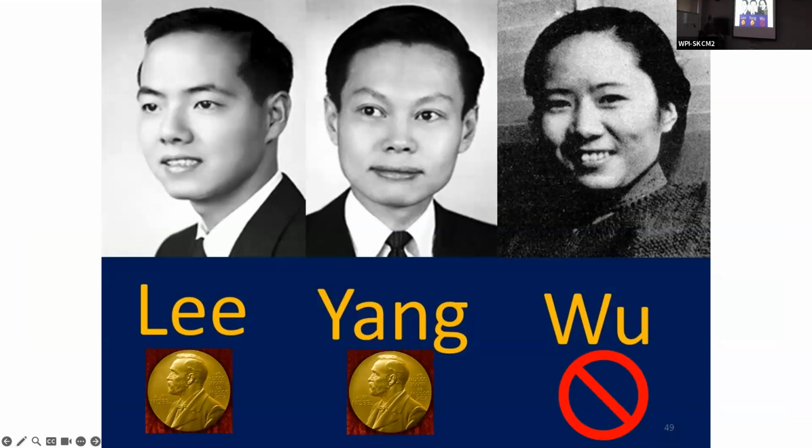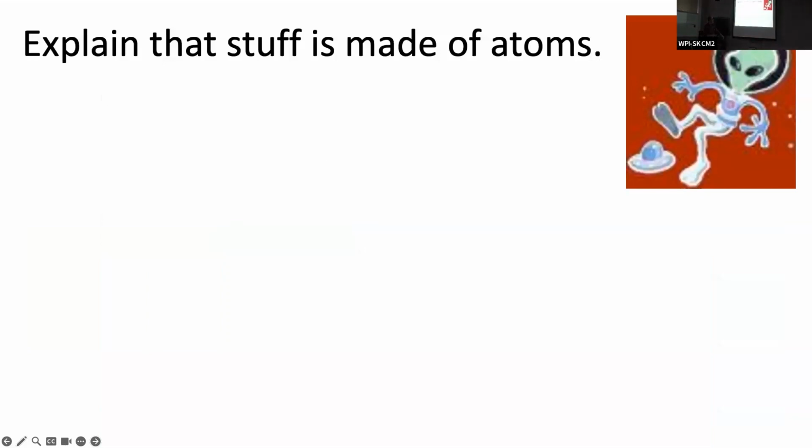And the reason for this is just that the 1950s was a very unforgiving time for women in science. Nevertheless, we can use her experiment to settle our conundrum about distinguishing left and right to our friend on planet X.